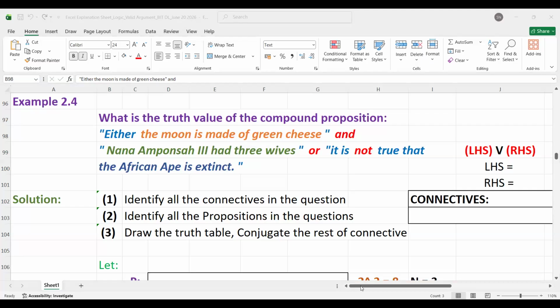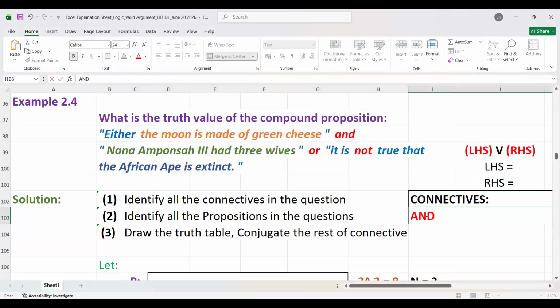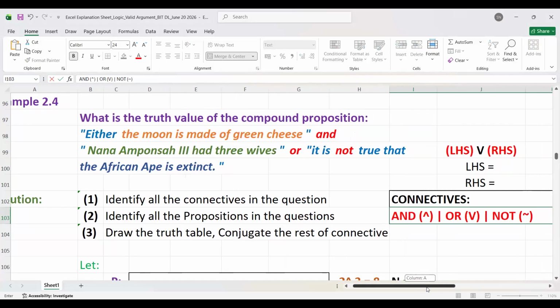It's and, or, not. So we have and, which I'll borrow this symbol for, and then we have or, which I'm going to borrow this symbol for, and then we have the not symbol, and I'm going to borrow that symbol to represent it. So now we've identified all the things in question 1.